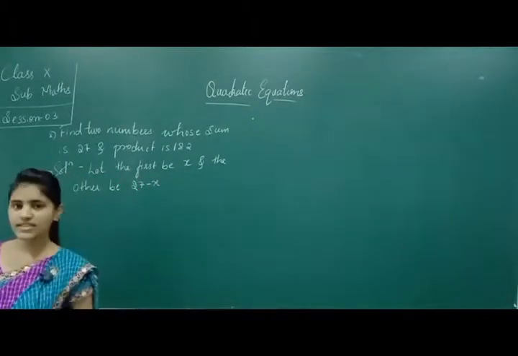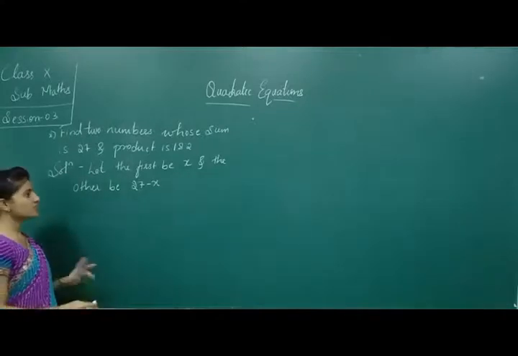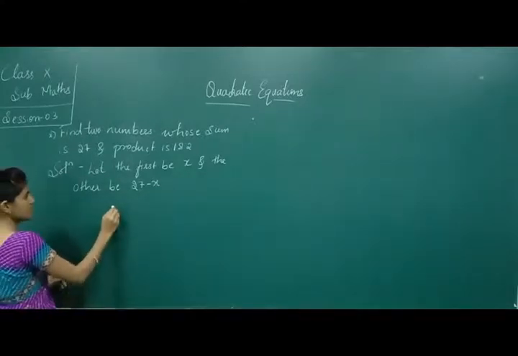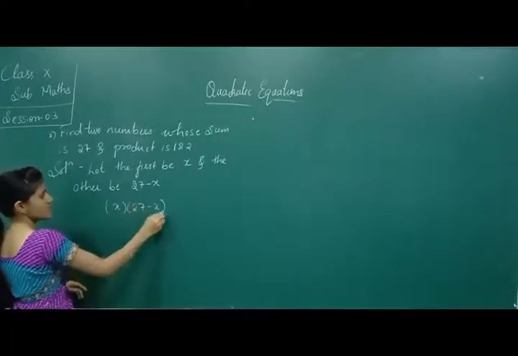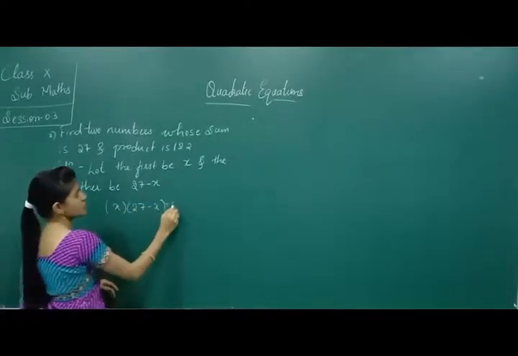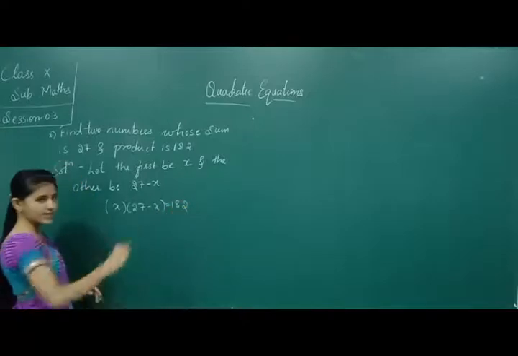They have given us the other condition. Its product is 182. Product in the sense what? That is x into 27 minus x, equals 182.